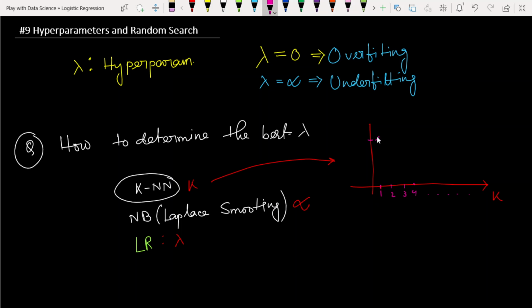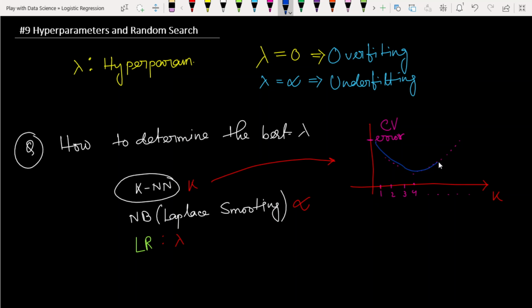How do we calculate this error? We calculate it through cross validation. We calculate the cross validation error, compare it, and plot the graph. Suppose this is our graph.